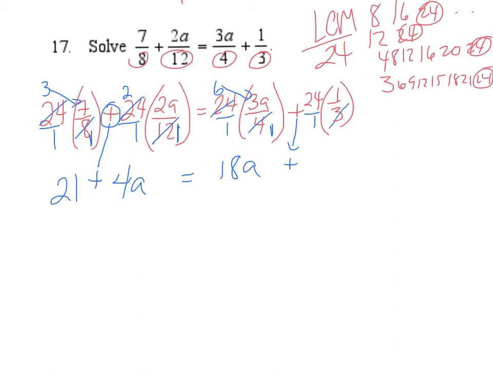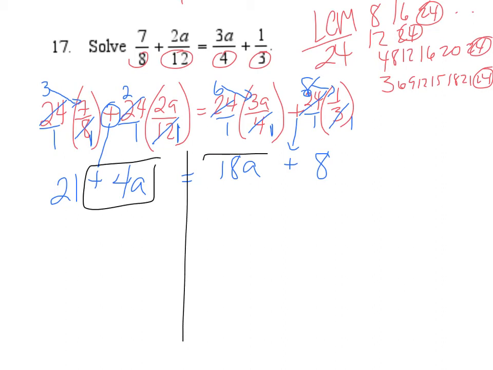I know 3 goes into 24 8 times. 8 times 1 is 8. Alright, so now that I have all whole numbers, it makes it way easier for me. So now I just solve like I've been solving.